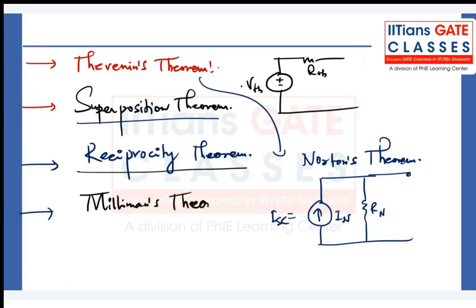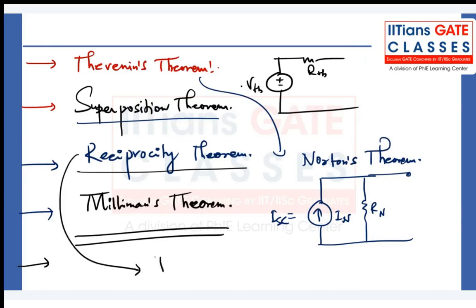These are the few theorems which you have to understand. And to prove the reciprocity theorem, we will talk about Tellegen's theorem, which basically tells about the conservation of power. There are many theorems which you have to study; these are the few which I have listed, which I will be using while solving problems.